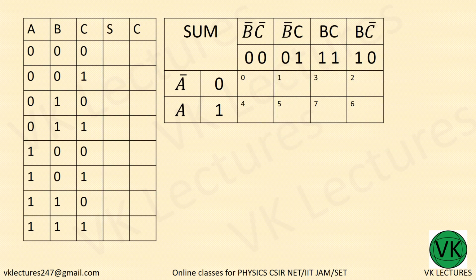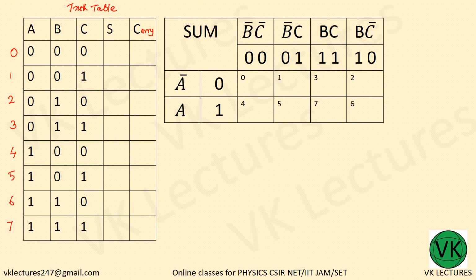Let us fill the truth table. This is the truth table with three inputs A, B, C, and this is sum, this is carry. Since there are three inputs, let us start with 0, 1, 2, 3, 4, 5, 6 and 7.